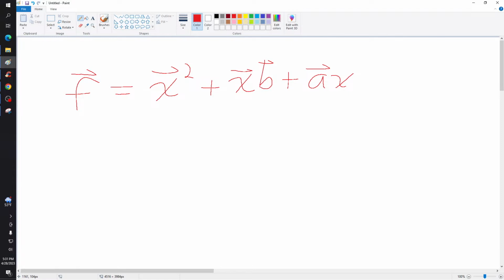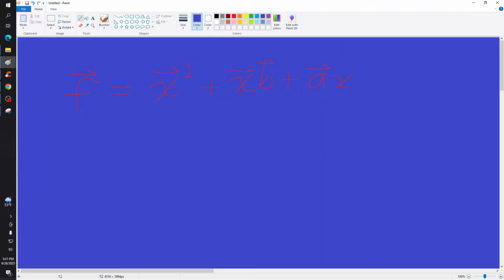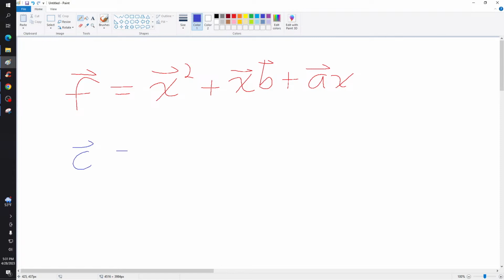The first thing we want to do is turn this into c equals x squared plus xb plus ax plus the product of two known variables. I'm going to stop writing vector symbols for a while. Just know that they're all vectors. Remember, it's not commutative, ab.